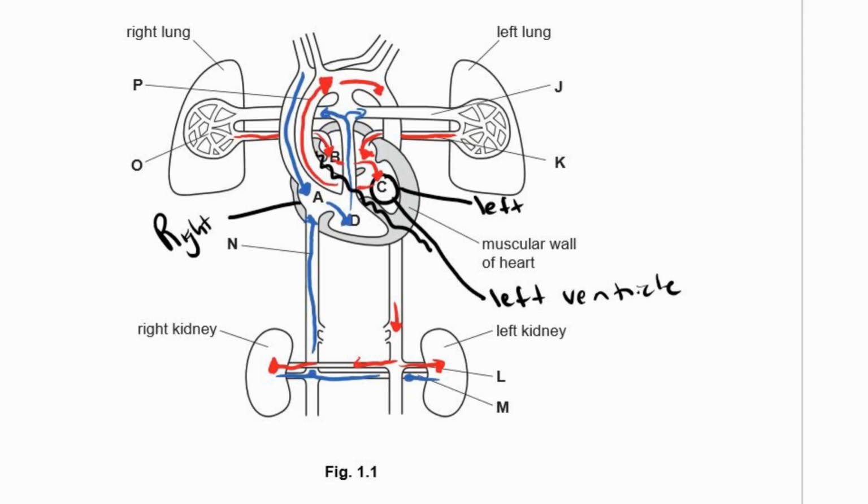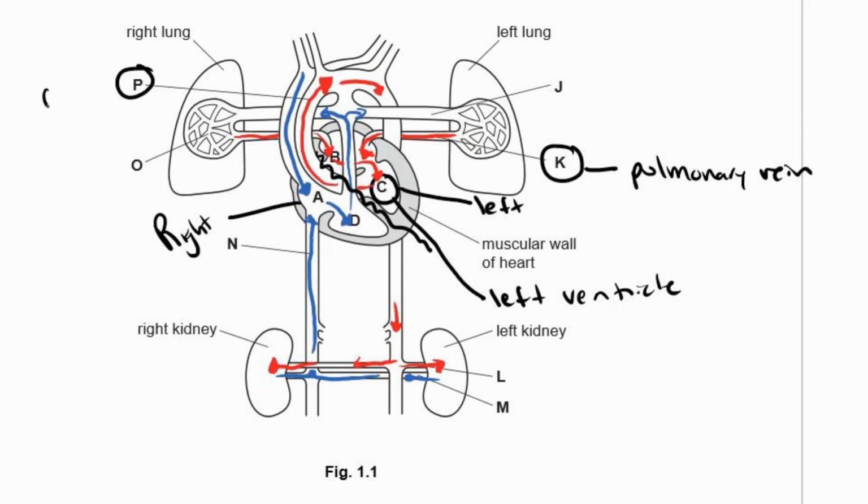Okay, the blood vessel that carries oxygenated blood to the heart. Oxygenated blood to the heart, that would be K. That, as we said, was the pulmonary vein. The blood vessel that carries oxygenated blood away from the heart, that's this one here. And that is, where's the letter to that? That is the aorta. Ah, there it is.